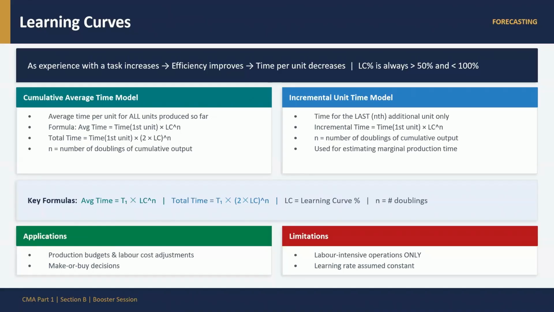In terms of lots, they can give you one lot, two lots, four lots, 8 lots, like this. And they might ask you to calculate for units. It's very simple. You should just be able to know for 8 lots how many units you will have produced. If you practice numericals, you'll get to understand that. So this number of doublings you will have to calculate and substitute into the formula.